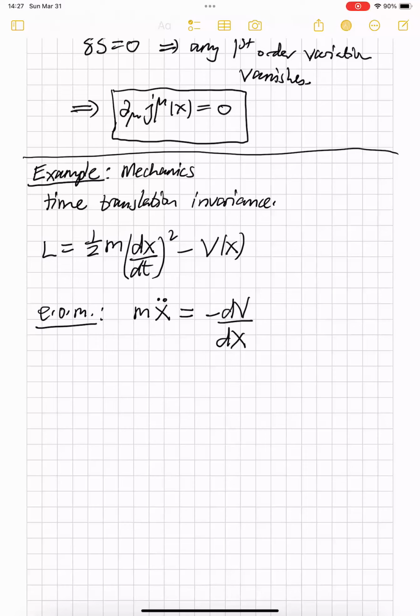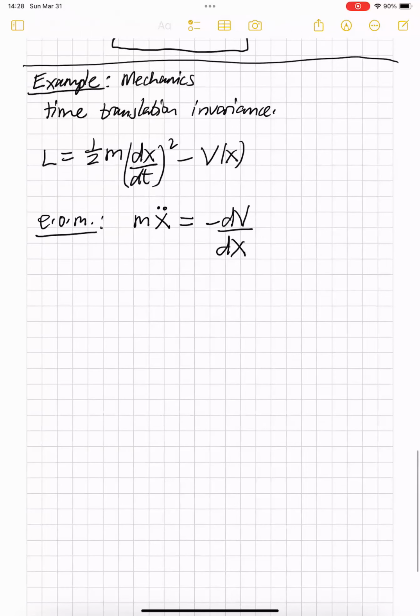And then, as I said, I claim that the conserved quantity is the total energy, and you know that is nothing but the Hamiltonian. So let's just check that this is indeed conserved. So let's calculate what is dH/dt.